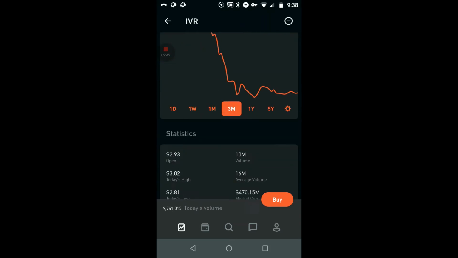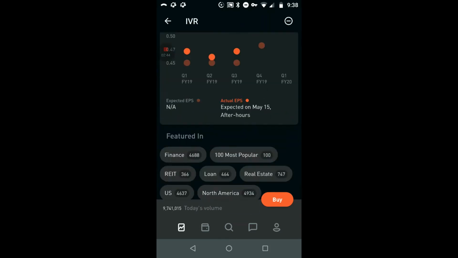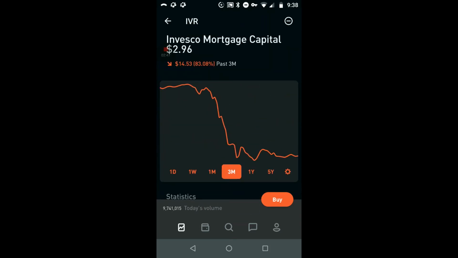So I'm expecting this to bounce back up. And then I'm going to jump over and look at the same stock over on the Webull account, and so you can compare the information and judge for yourself.